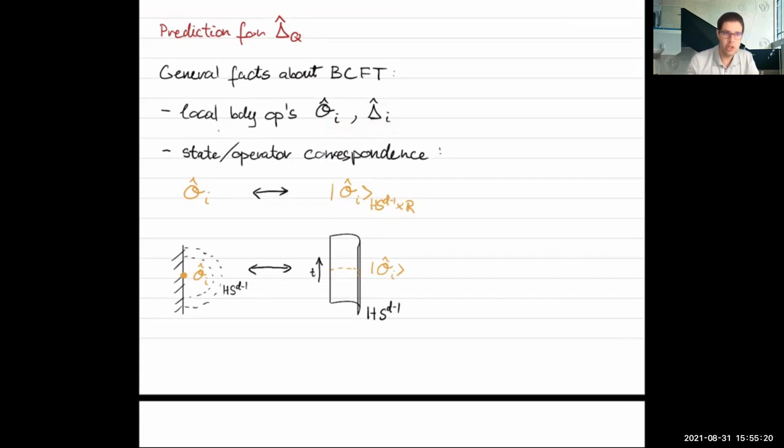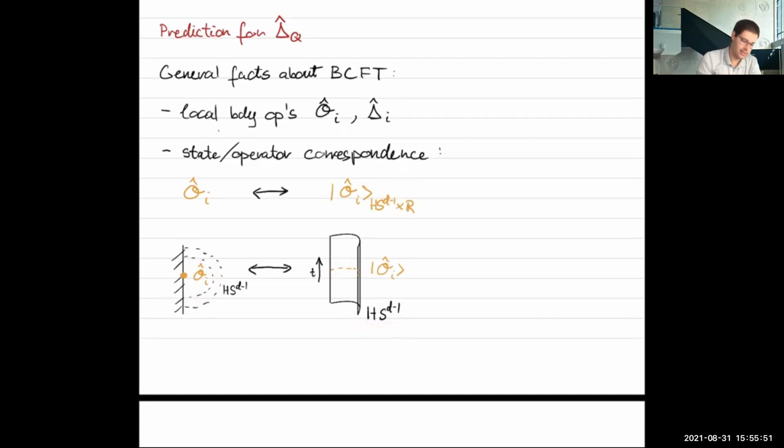Just like for bulk CFTs, for boundary CFT we also have a state operator correspondence, which is easy to see. If I have a wall here, and I have a boundary operator inserted at the origin, and polar coordinates adapted to this insertion, then by a Weyl transformation, I can go to the hemisphere times time.